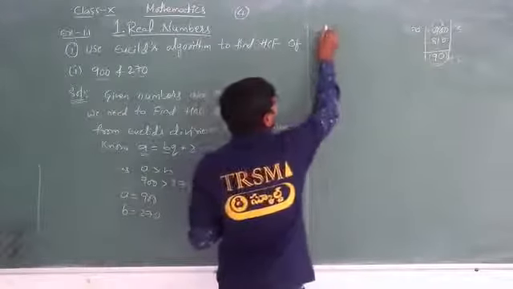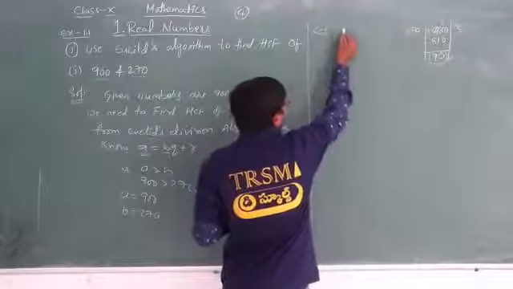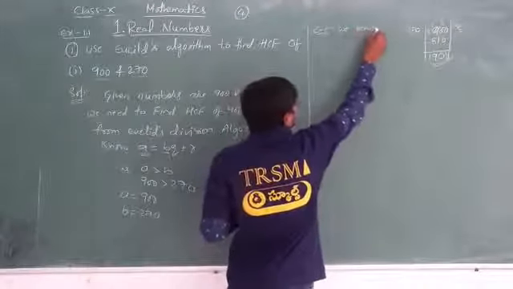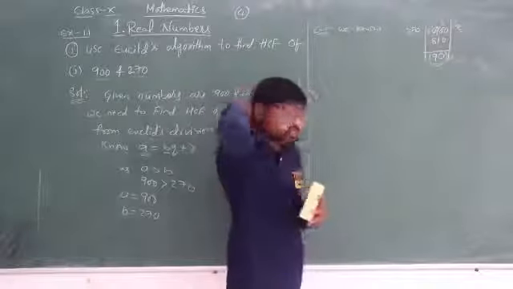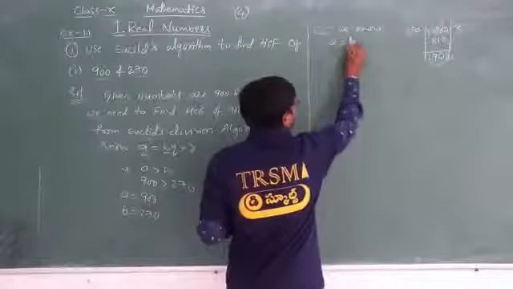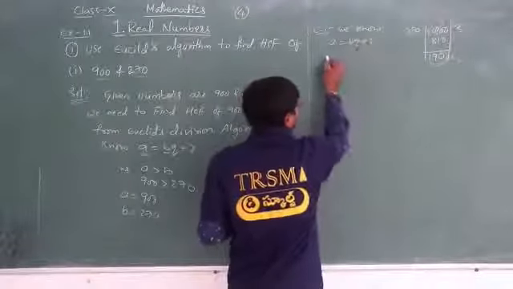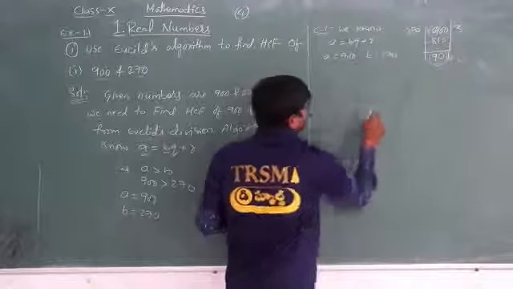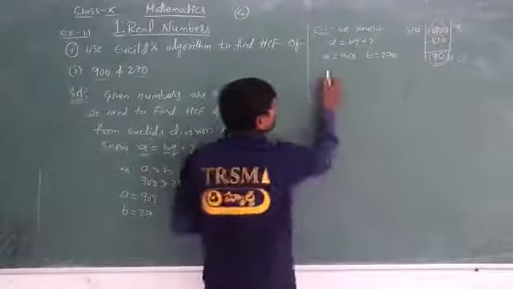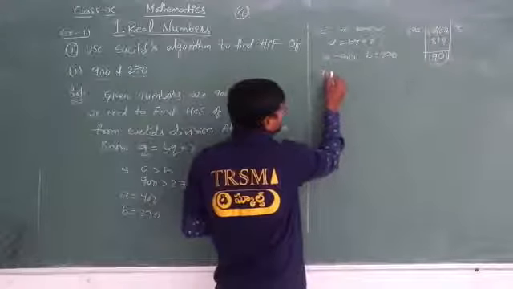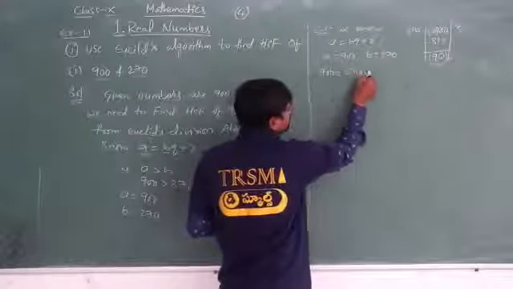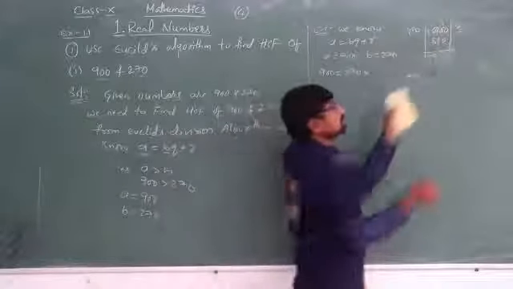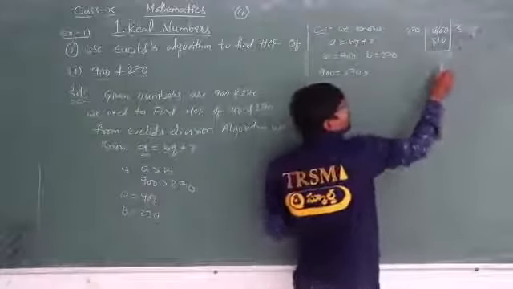So case number 1. In case 1, we know A is equal to BQ plus R. So here A is equal to 900 and B is equal to 270. So 900 is equal to 270 into the coefficient, and this is the remainder, isn't it?